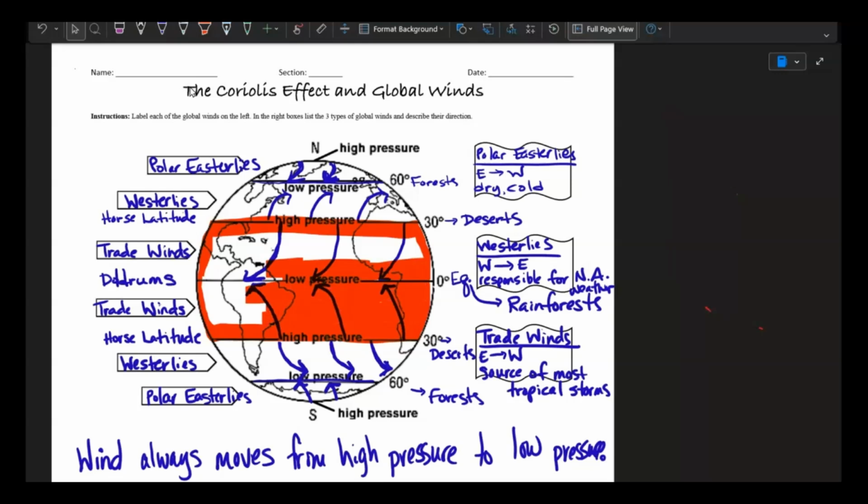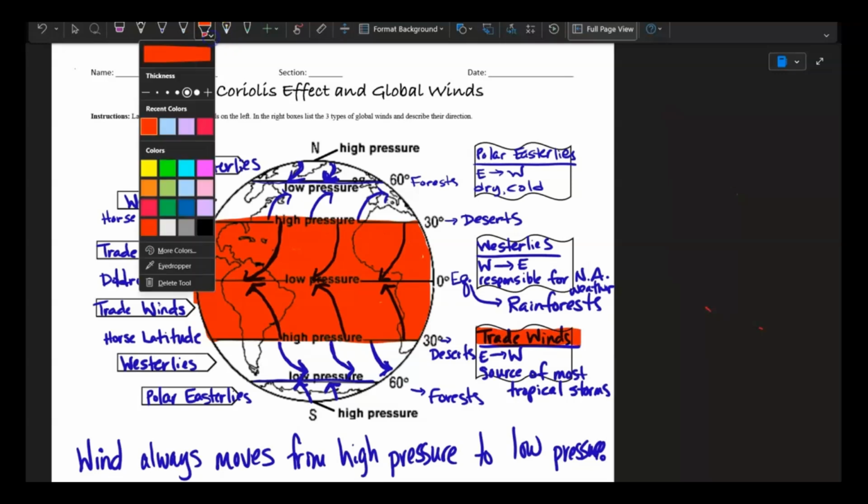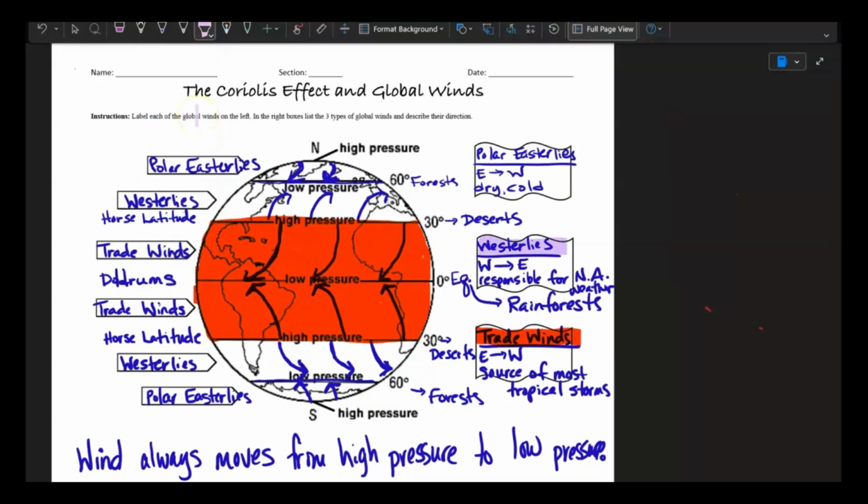So we'll color these trade winds red because they're closer to the equator. There we go. And then I'm going to switch to purple for our westerlies. They are between our horse latitudes and 60 degrees. Those poor horses.